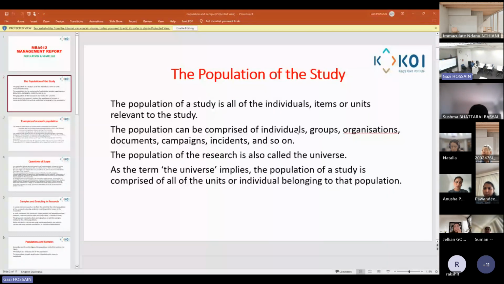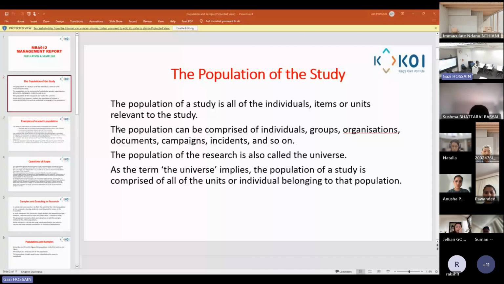As I mentioned, the population of a study is all the individuals, items, or units relevant to the study. So the population can be different for different studies. Sometimes it can be individuals, sometimes items, sometimes units relevant to your research, your thesis, your study, or your title.